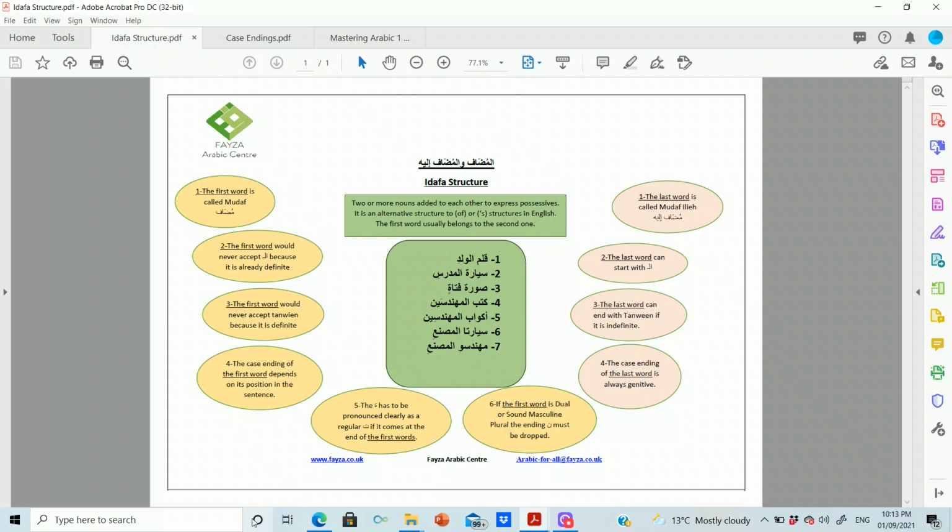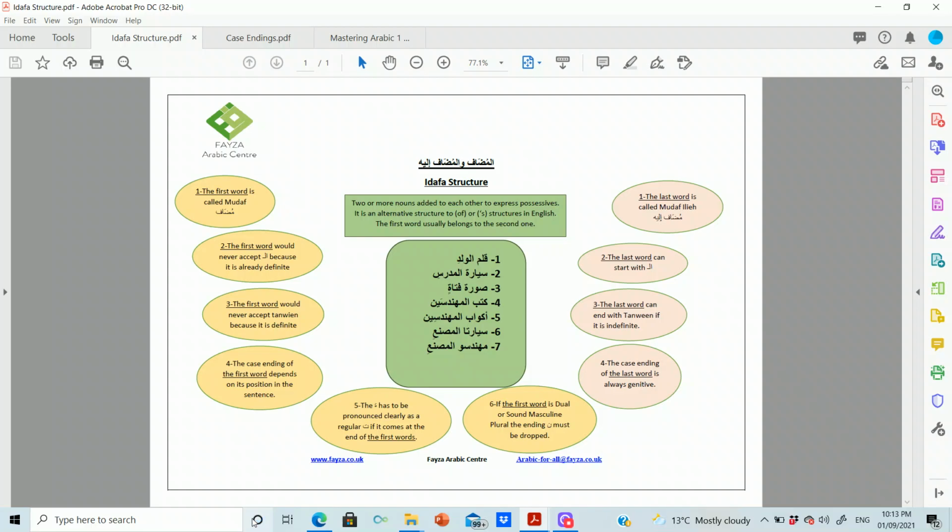طيب, why kasra? This brings us to number 4. Now, this is a golden rule here that does not have any exception. It's not going to change ever: the second word, or to be more accurate, the last word of the Idafa structure, has to be genitive all the time. Genitive means it's going to have a kasra if it is singular, or a broken plural, or a sound feminine plural.